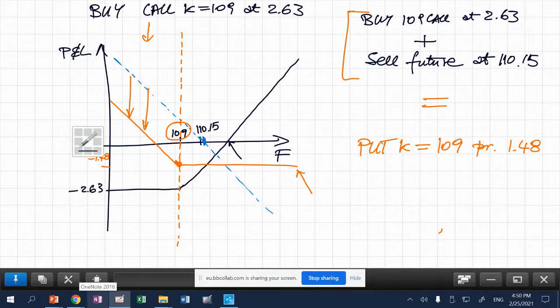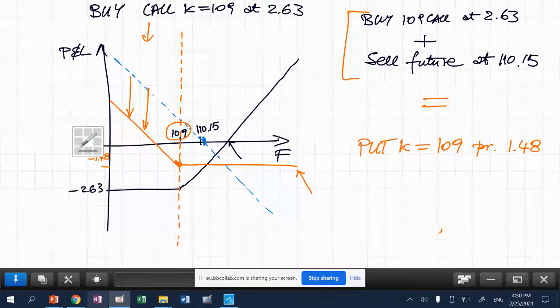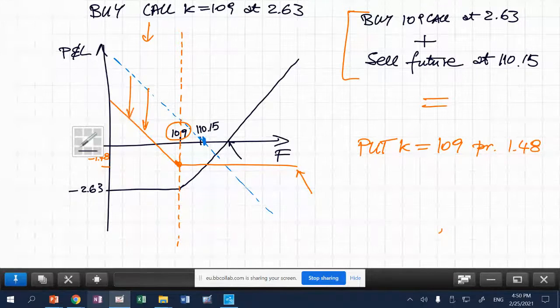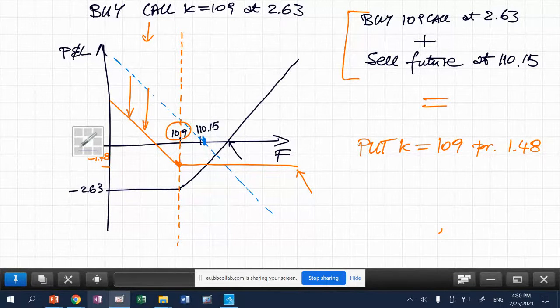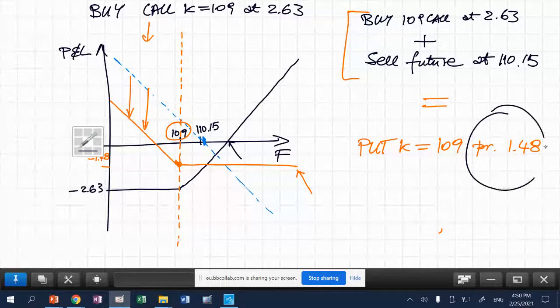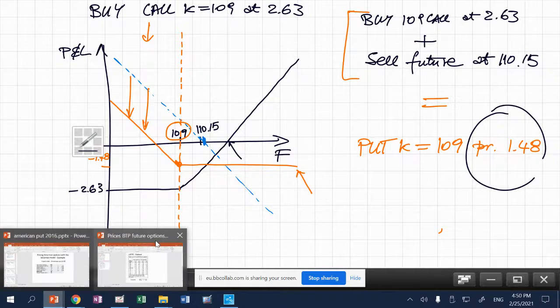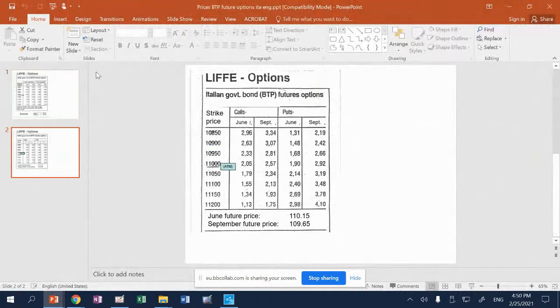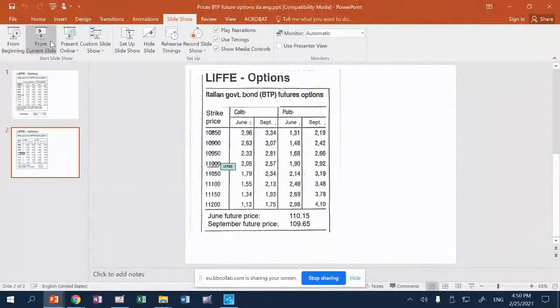So we restart from where we closed on Tuesday with the idea of the put call parity, where we have seen that if we buy a call option and sell the future, we are obtaining a put option. And we have also seen that the price at which this synthetic, this recreated put option can be obtained is actually 148, which is the same price at which the put option is trading on the market.